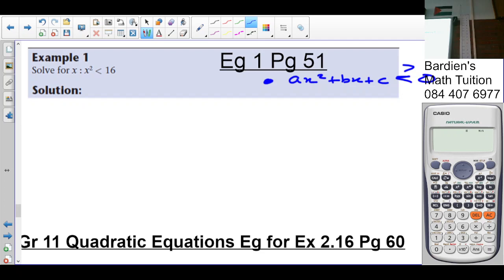The question says solve for x where x squared is less than 16. So how do I get that in standard form? I take the 16 over the equal sign. Not so? So that's going to become x squared minus 16 is less than 0. Now the next point is to factorize.